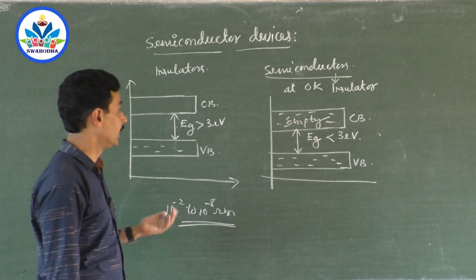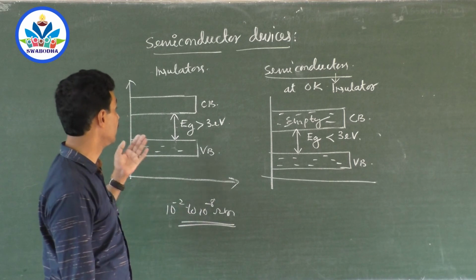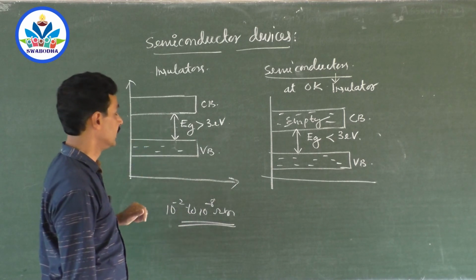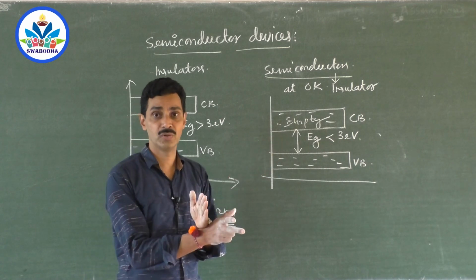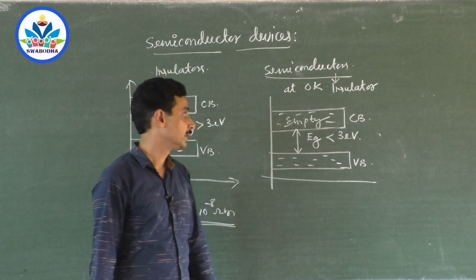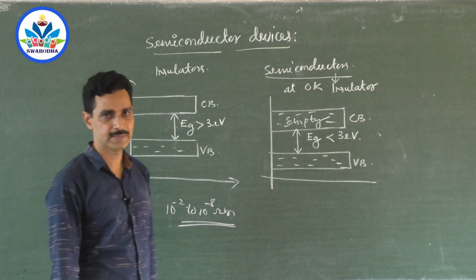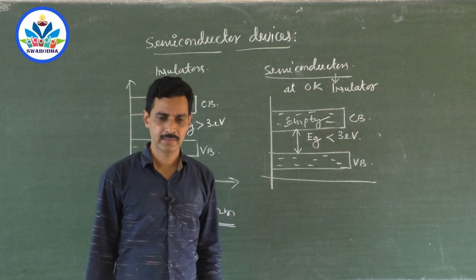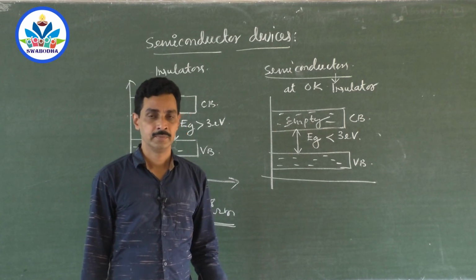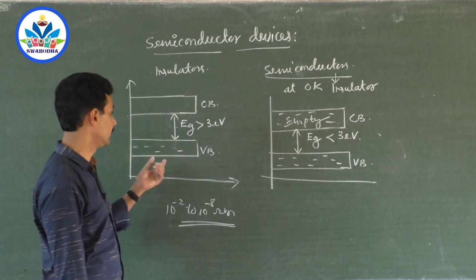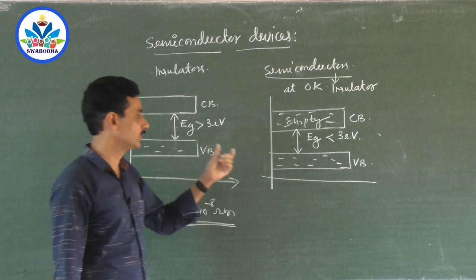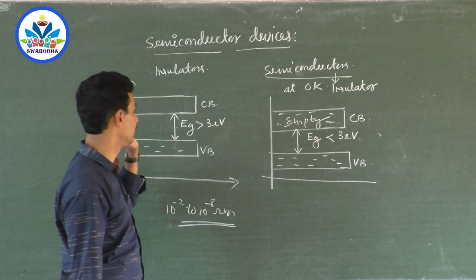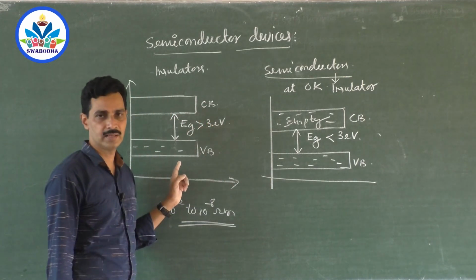And the energy gap. In insulators, the energy gap is greater than 3 electron volt, and in conductors they overlap, there is no energy gap at all, and in semiconductors the energy gap is less than 3 electron volt. In conductors the valence band is filled and the conduction band is also filled at room temperature, whereas in insulators the conduction band is always empty, valence band is filled.